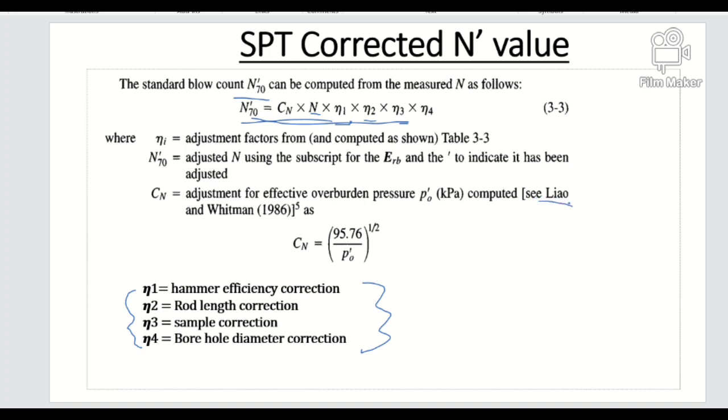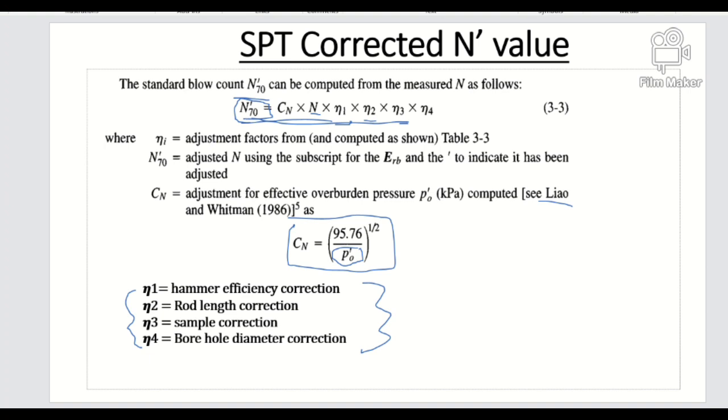Here the researchers Liao and Whitman, in 1986, created this formula that C_N is equal to 9.78 by the square root of 95.76 over atmospheric pressure P'0. So this formula we can use to calculate this N'70 value, the standard blow count.